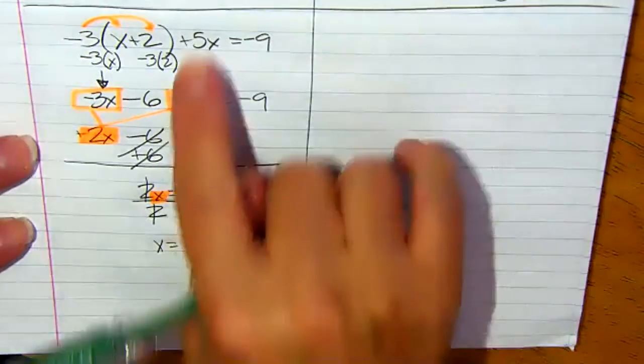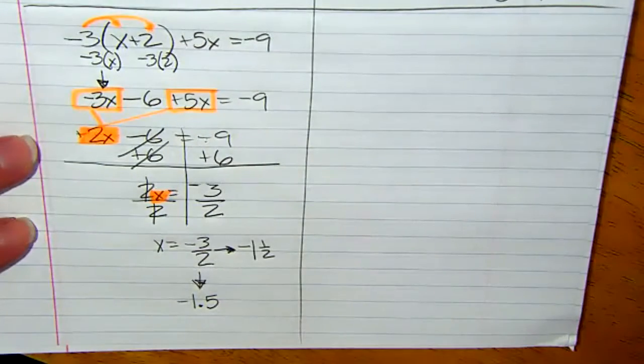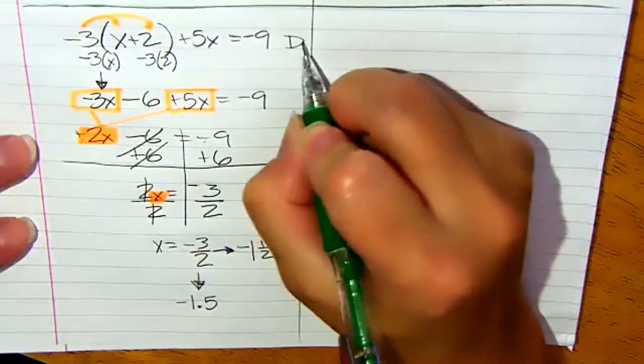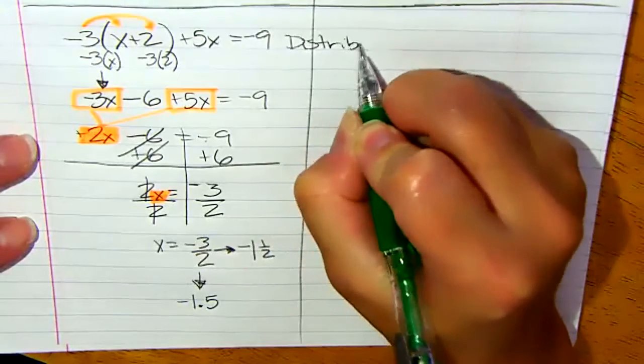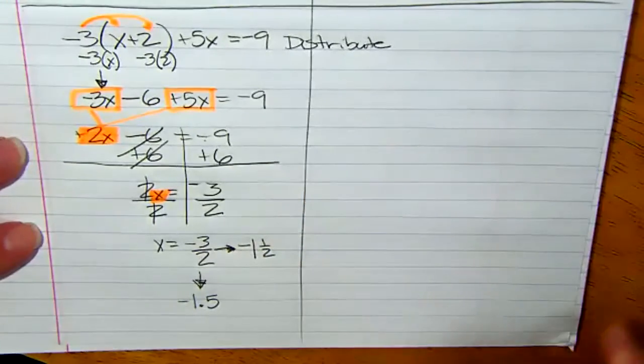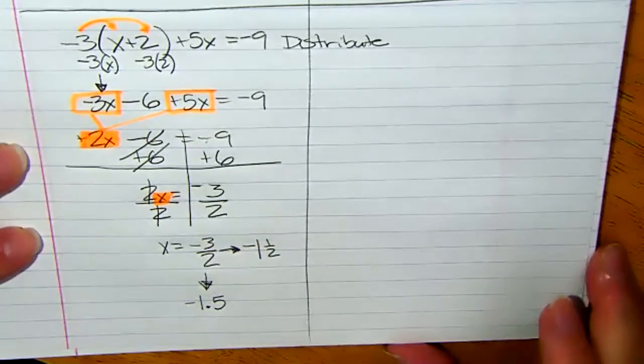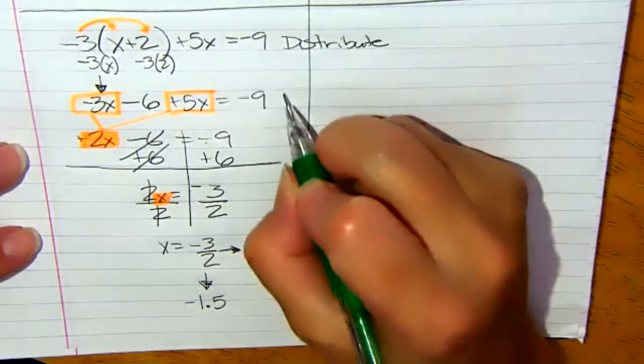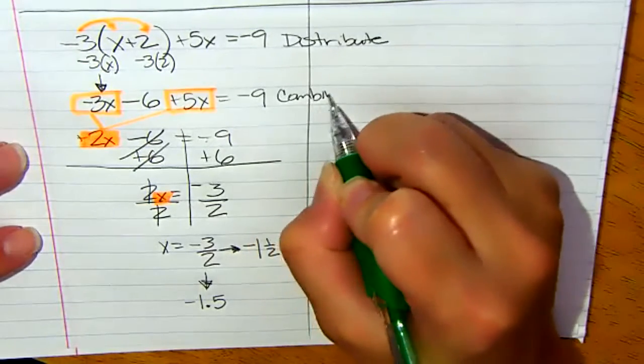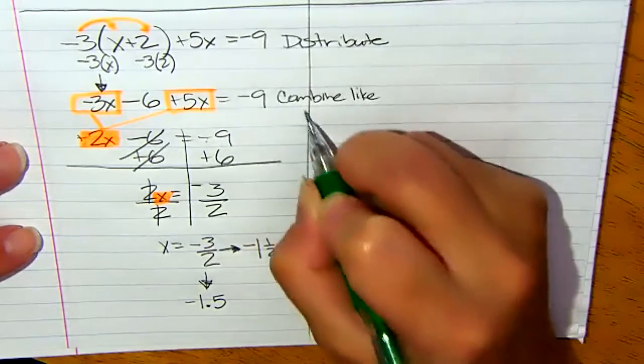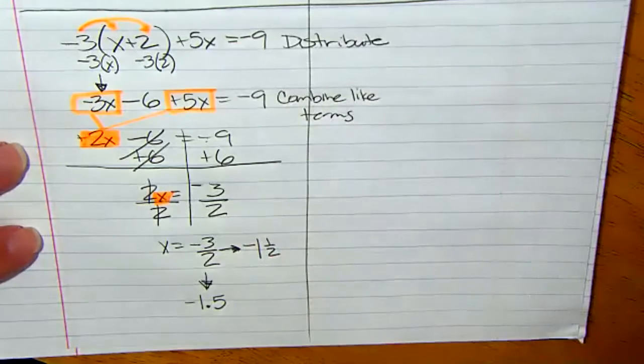Okay, so when we look at this, the first thing we did was distribute. Then we had to combine like terms.